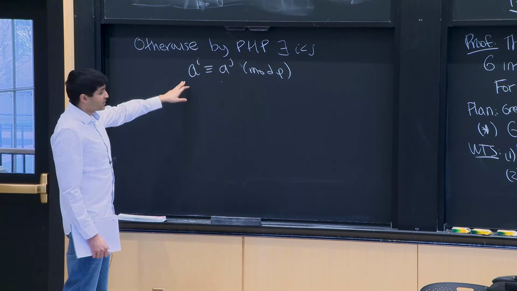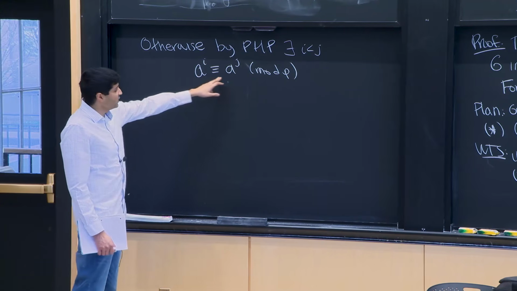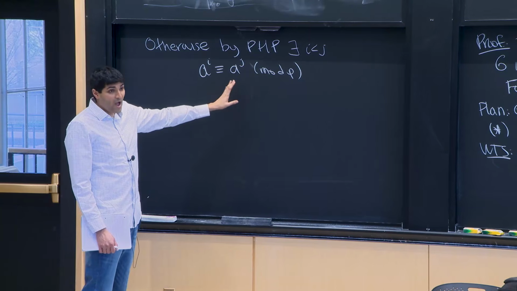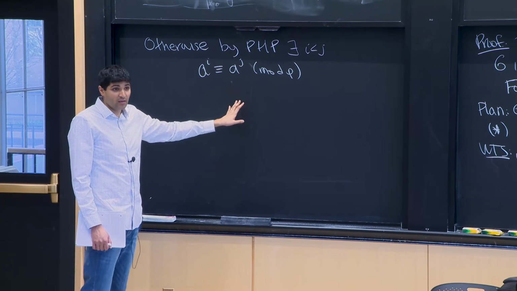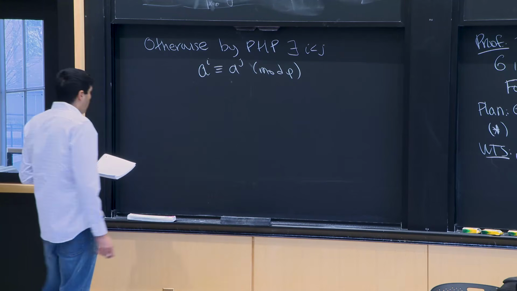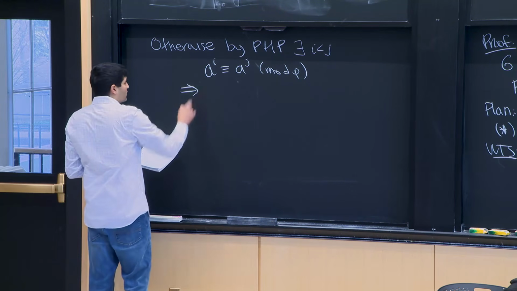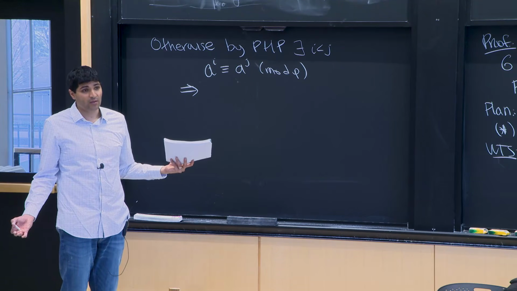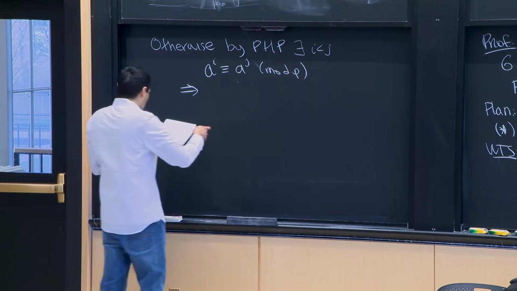So once I get this collision that A to the i equals A to the j, let's figure out why there must exist a k such that A to the k is congruent to 1. What we can do is just divide through by A, because there is an inverse to A, because P is prime.